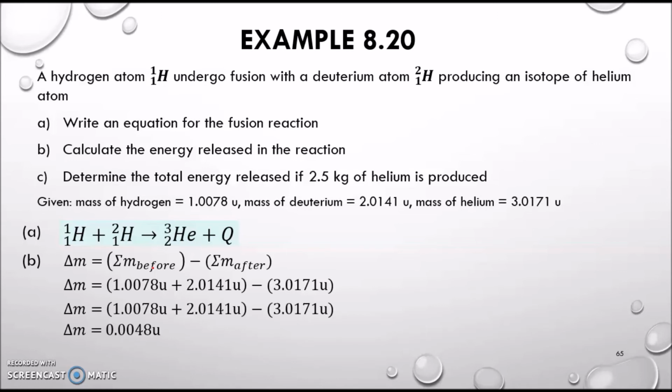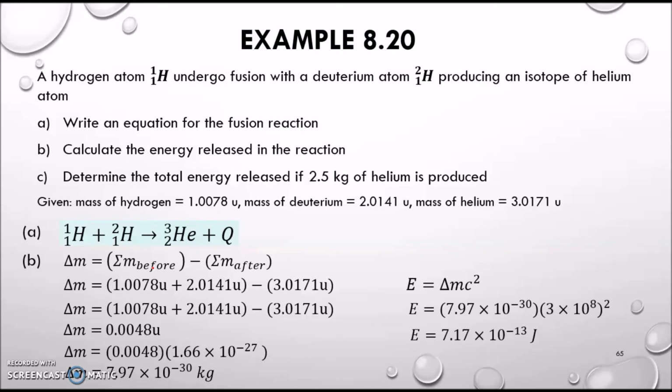Then we will get 0.0048 U, convert into kilogram. And then substitute the delta m into the equation E equal to delta m c square. Then we will get 7.17 times 10 to the power of negative 13 joule.